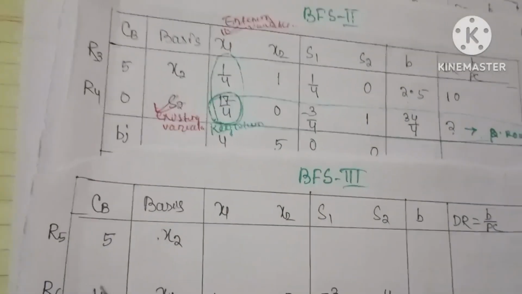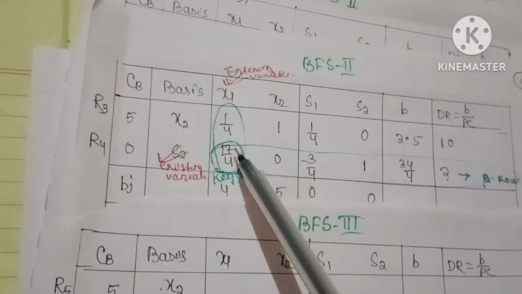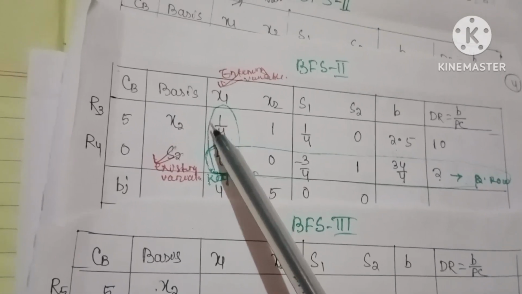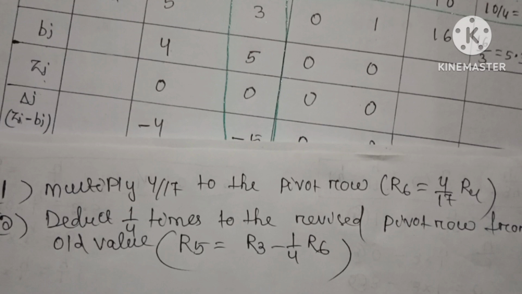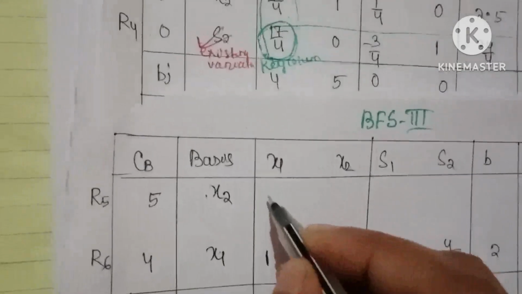Now we will calculate the values of row 5, and as we know, we have to convert this element into 0. For that we have to deduct 1 by 4 times the revised pivot row from the old value. So row 5 equals row 3 minus 1 by 4 times the revised pivot row. Let's calculate it.